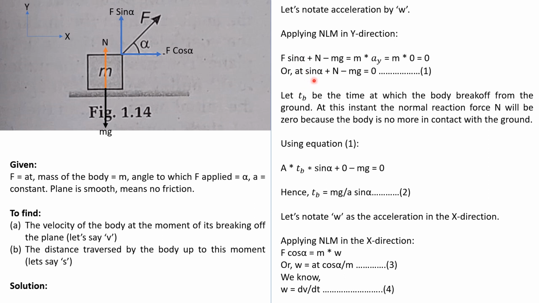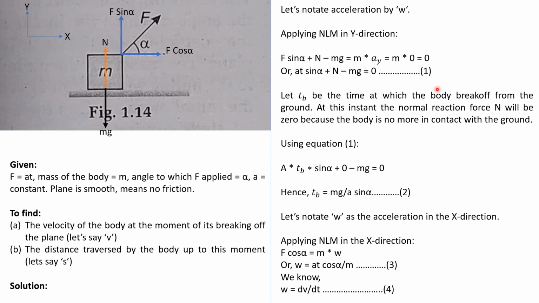So we'll put the values. We have got equation 1: A t sin alpha plus N minus mg is equal to 0. Let t_B be the time at which the body breaks off from the ground. At this instant, the normal reaction force N will be 0 because the body is no more in contact with the ground or plane.